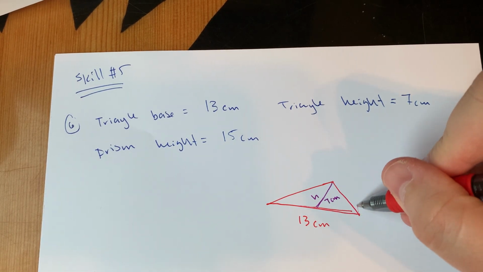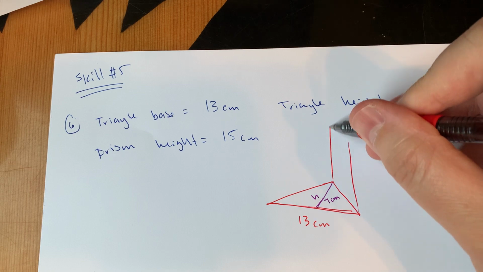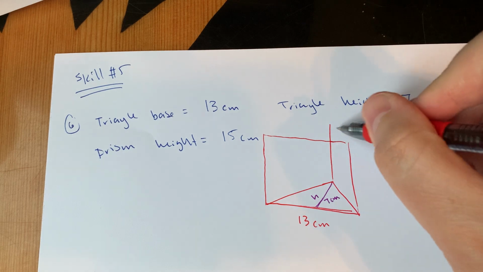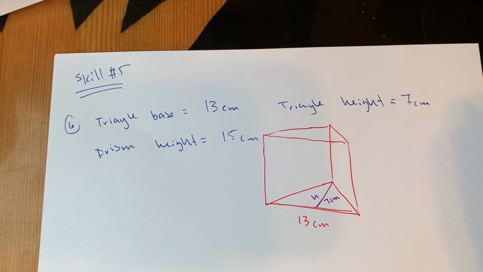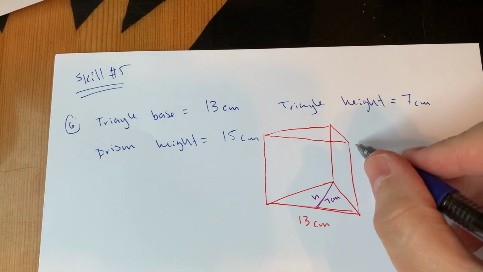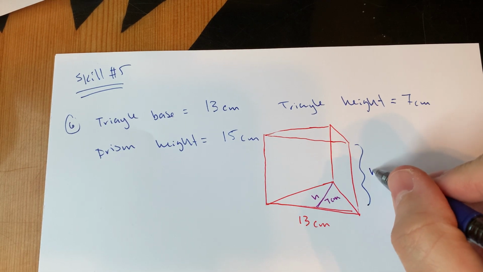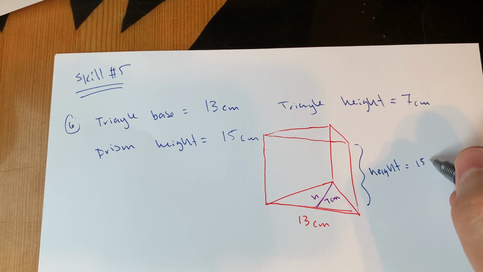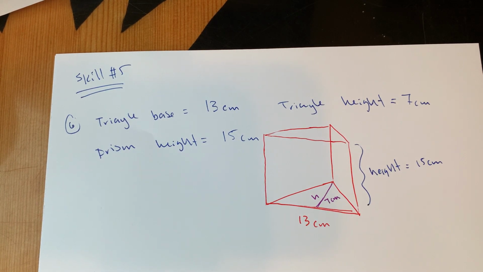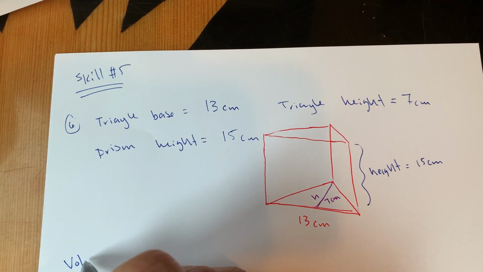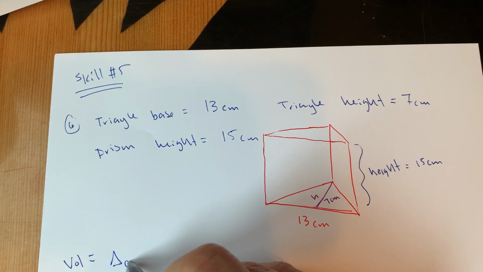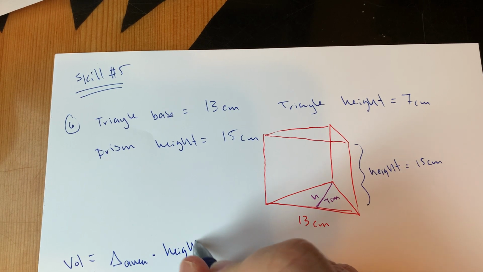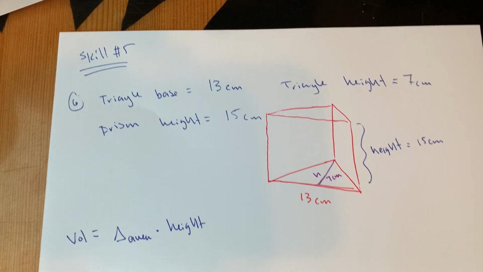And then this is 3-dimensional, so all of these are heading up, right? So we're getting something kind of like this. And so our height here of the prism is 15. So my volume is just going to be my triangle area times this prism height.